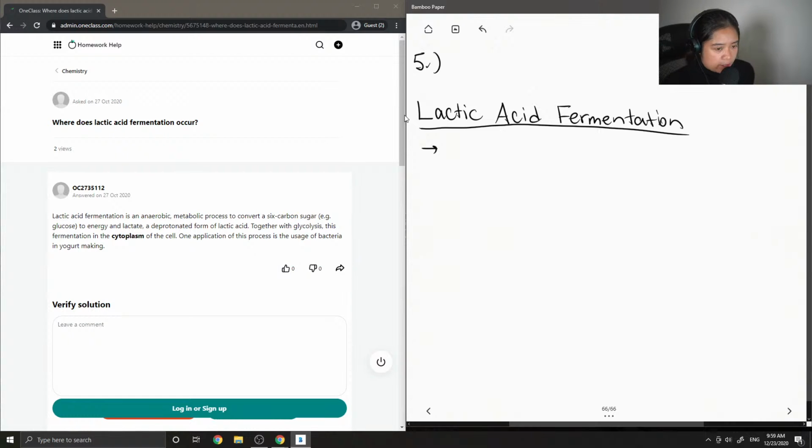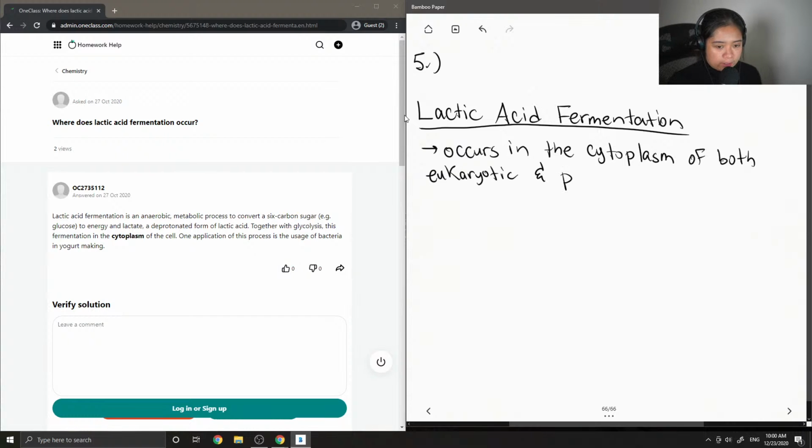This reaction occurs in the cytoplasm, and this takes place in the cytoplasm of both eukaryotic and prokaryotic cells.